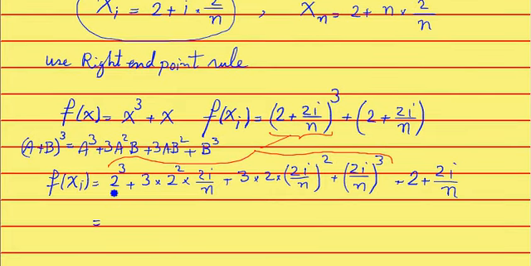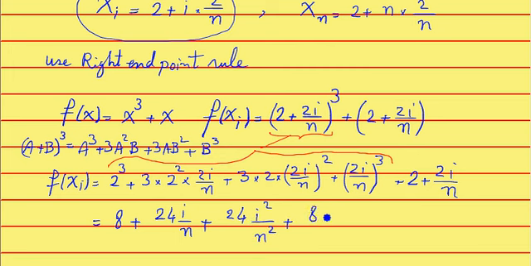Now we go ahead and clean this up. I'll have 8. This is 24i over n. This is 4 times 2 is 8 again, times this, 24i squared over n squared.